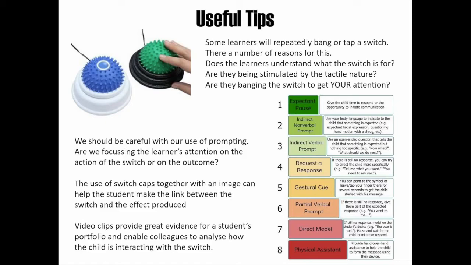Is it just something that you've placed on their tray and they haven't made any kind of connection between this switch and the rewards that it generates? If that's the reason, or you suspect that's the reason, then I would highly recommend that you go back to the press and hold stage, where it's much easier for the child to understand that by putting their hand on the switch, they're making something happen.